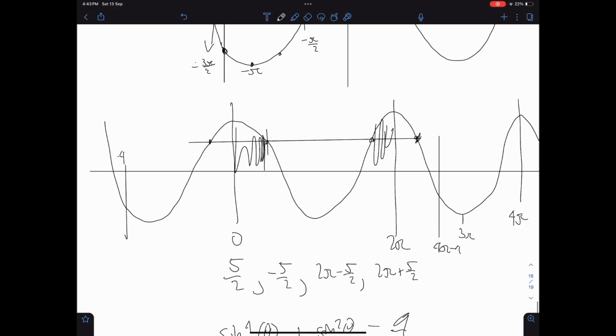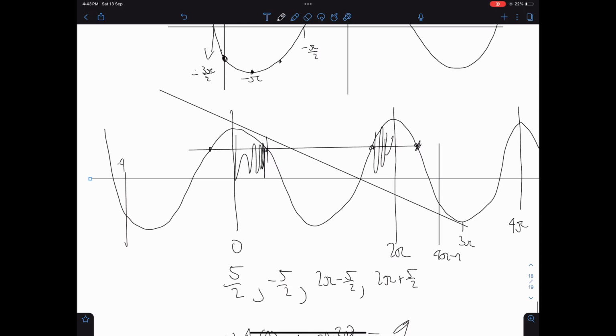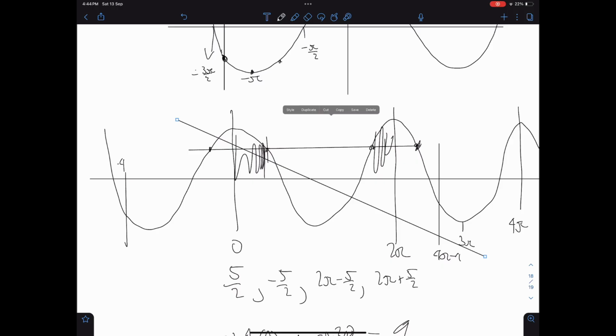Oh, and another final thing you may have to do is determine the number of solutions in an interval. So it might give you the equation of a line, and say, between this and this of a certain trigonometric graph and this line, how many times does it cross?